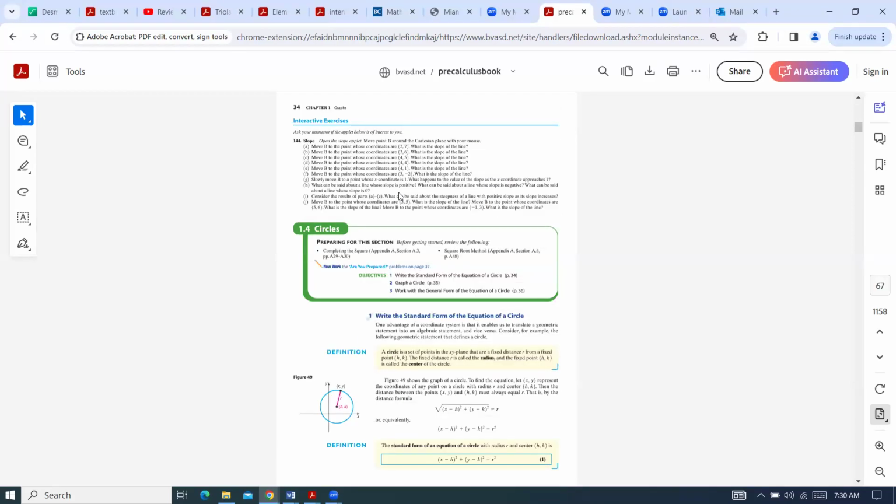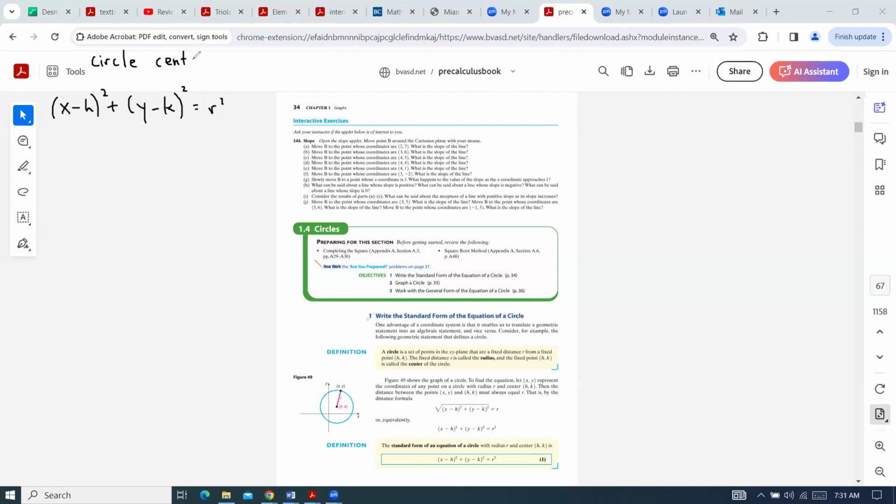The key idea was that we developed the equation of a circle, x minus h squared added with y minus k squared, equal to the square of the radius, r squared. And that was the formula for the circle.